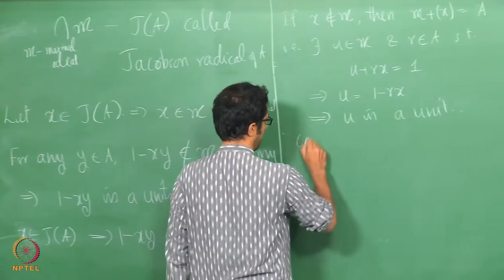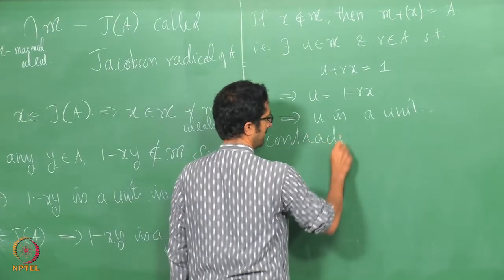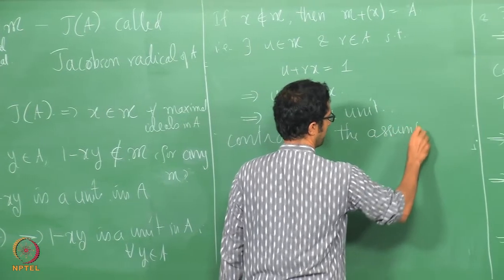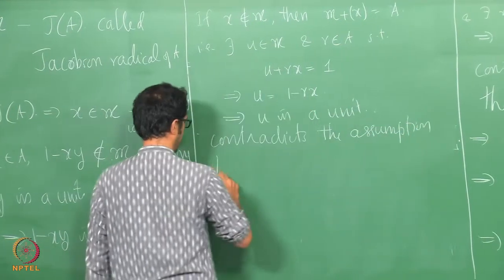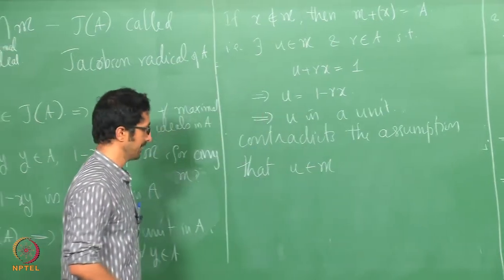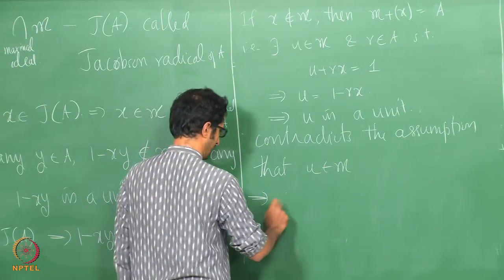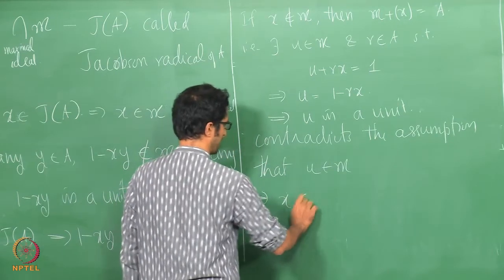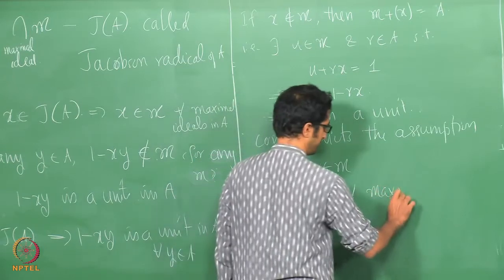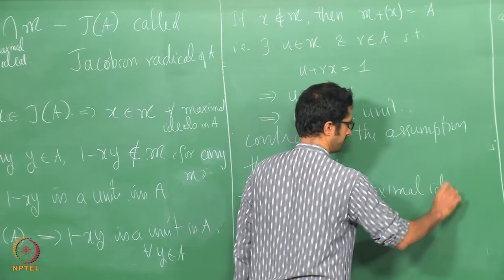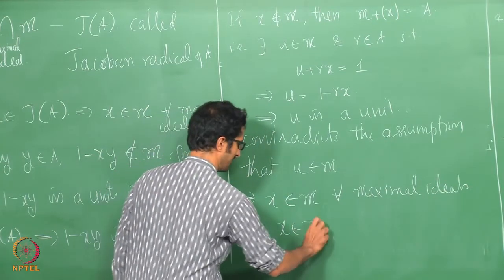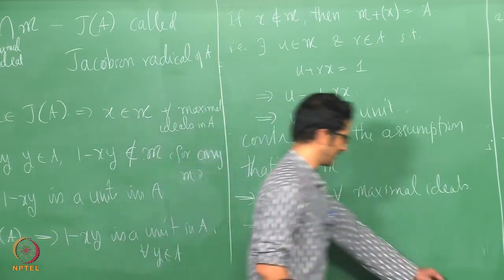That is a contradiction, since u belongs to the maximal ideal M. So, this implies that x is in all maximal ideals, that is, x is in the Jacobson's radical.